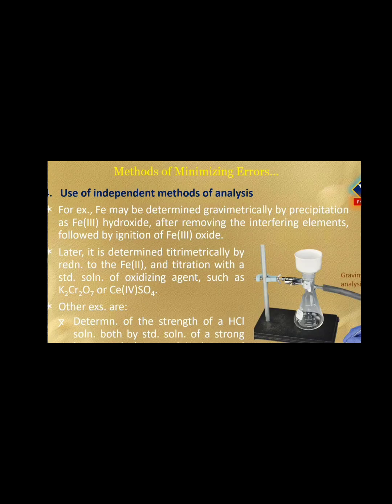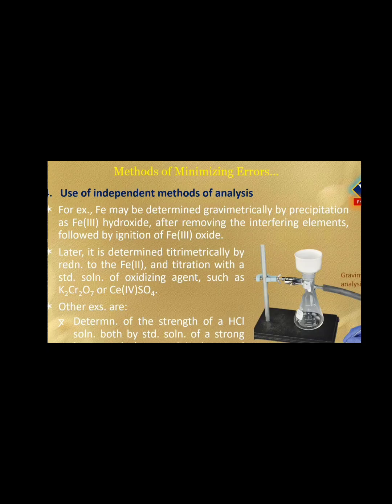Then fourth one, use of independent method of analysis. For example, iron may be determined gravimetrically by precipitation as Fe3 hydroxide after removing the interfering elements, followed by ignition to Fe3 oxide.